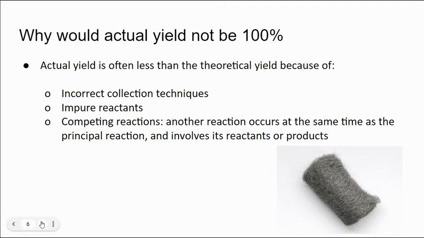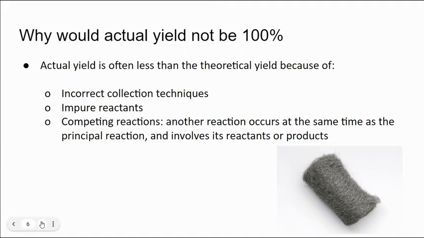So there's a few reasons why this might be. Number one, your collection techniques may not be fantastic. So maybe you have a solid that's formed like a precipitate, and then when you go to try and separate that out from the liquid, maybe you're pouring the liquid off, we call it decanting, and maybe some of the solid is lost in the process.